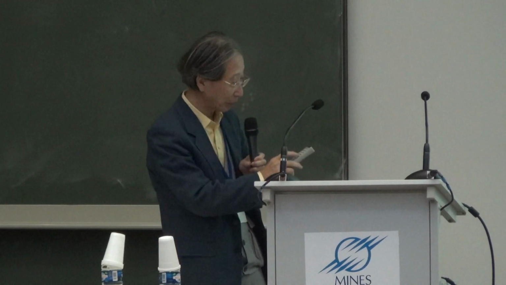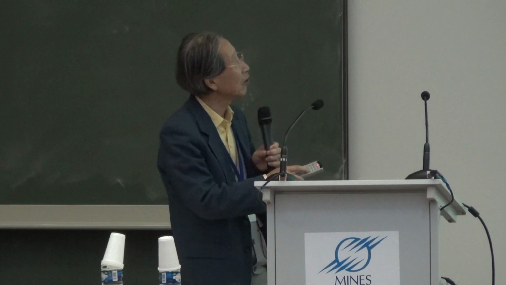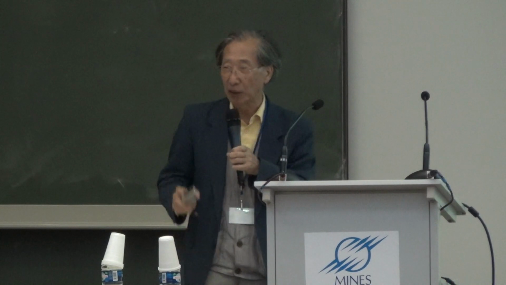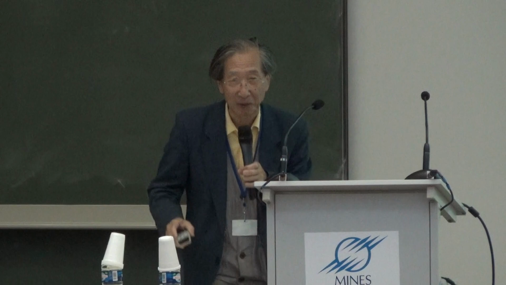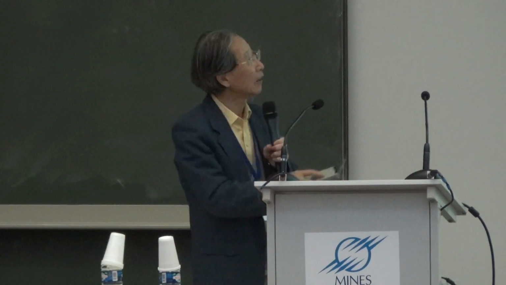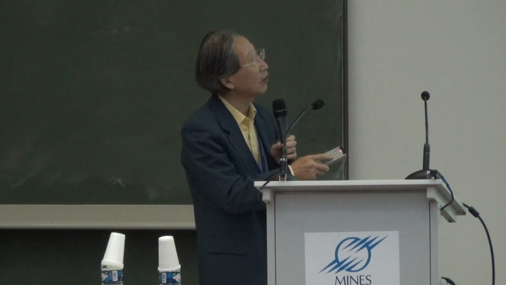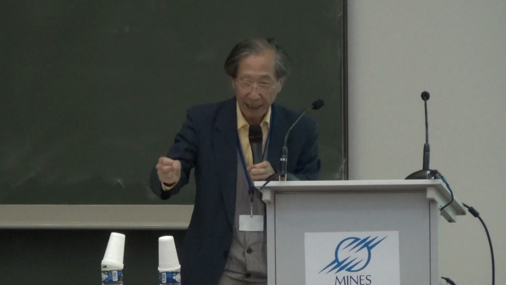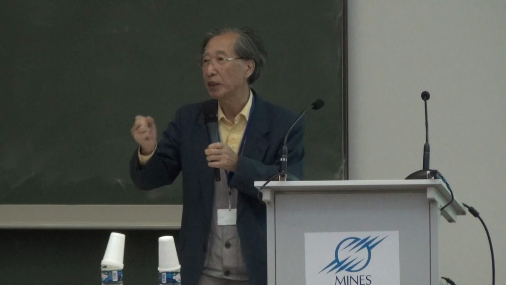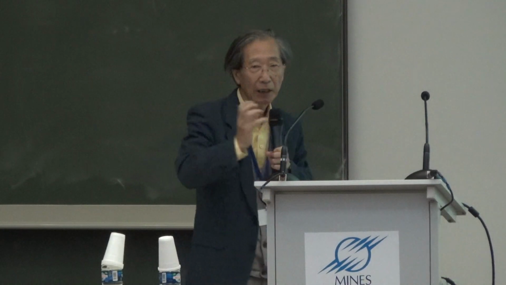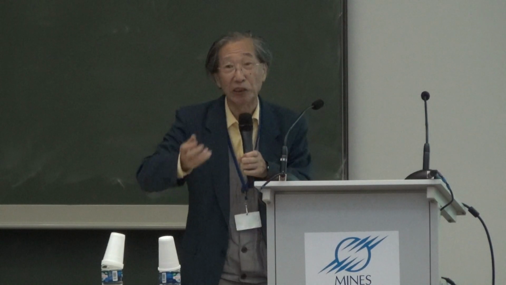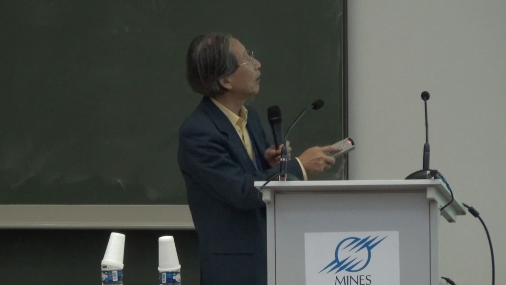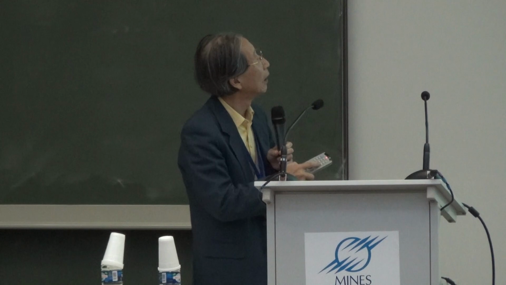Then Chentsov, a Russian mathematician, was a student at Columbia. And he did the following after Rao's idea. Why the Fisher information matrix? Is there any other reasonable Riemannian metric? And he introduced the concept of invariance.